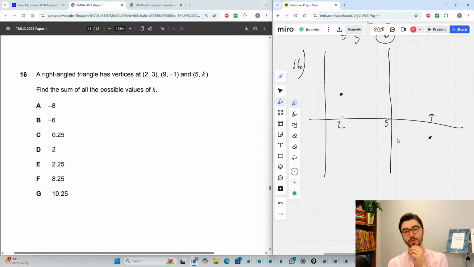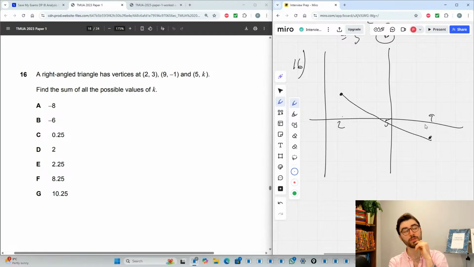So how can I draw right-angled triangles on this? Well, first of all, I know that this will be one of the sides. And for it to be a right-angled triangle, it would need to be the angle formed in a semicircle.